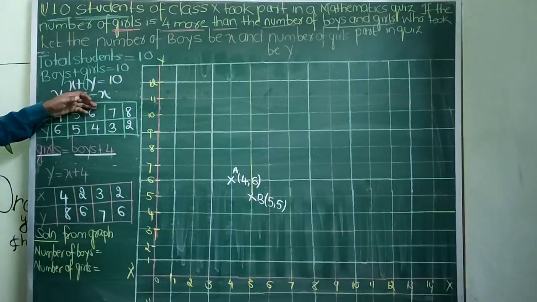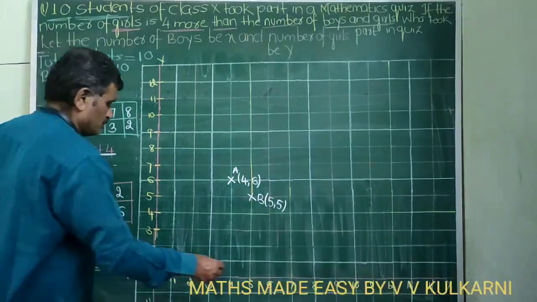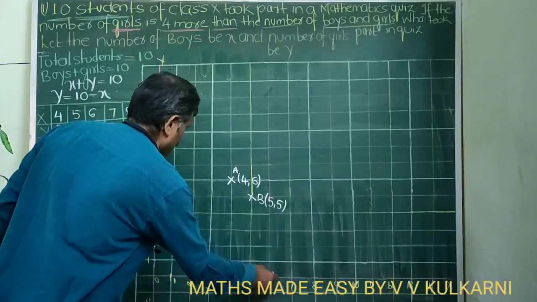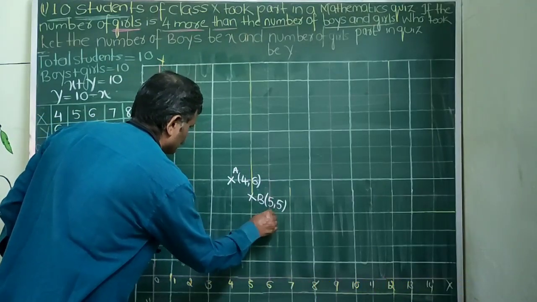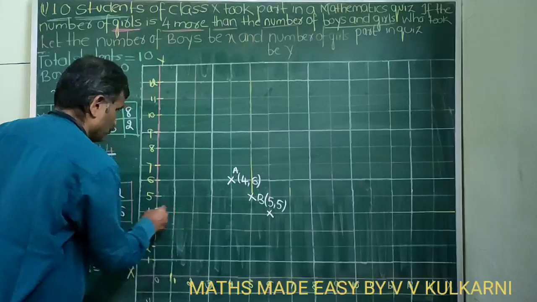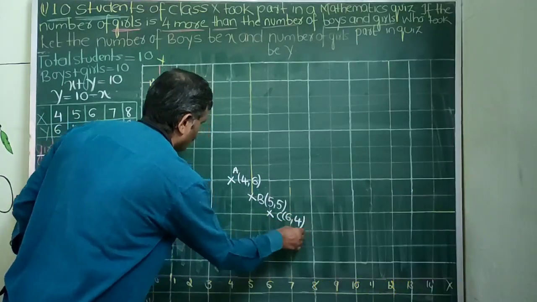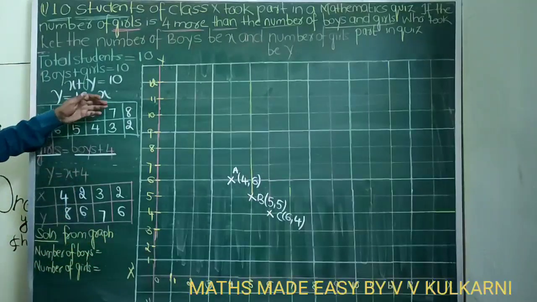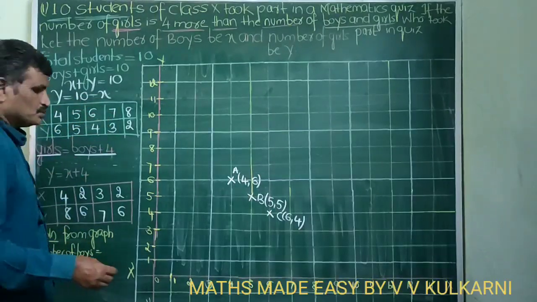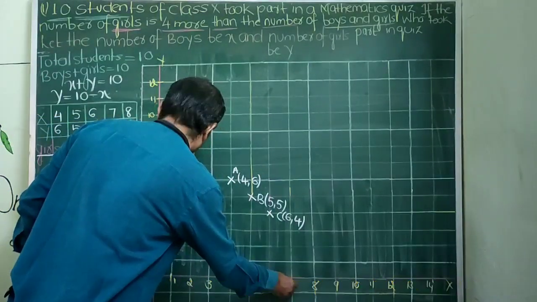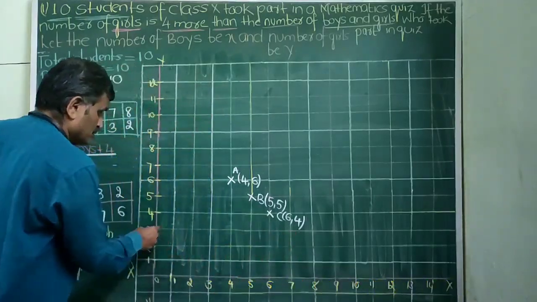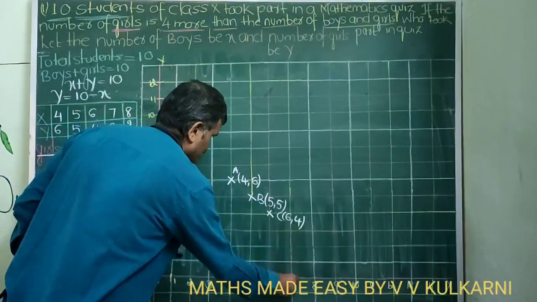When X is 6, Y is 4. So this is point C. This is 6 and 4. Then again, when X is 7, Y is 3. You see here, from 3 this point and from here this one.